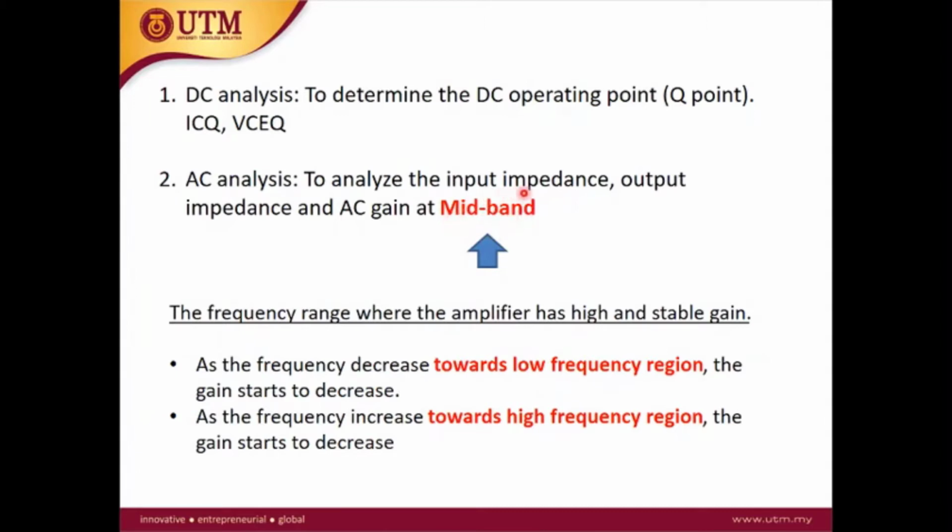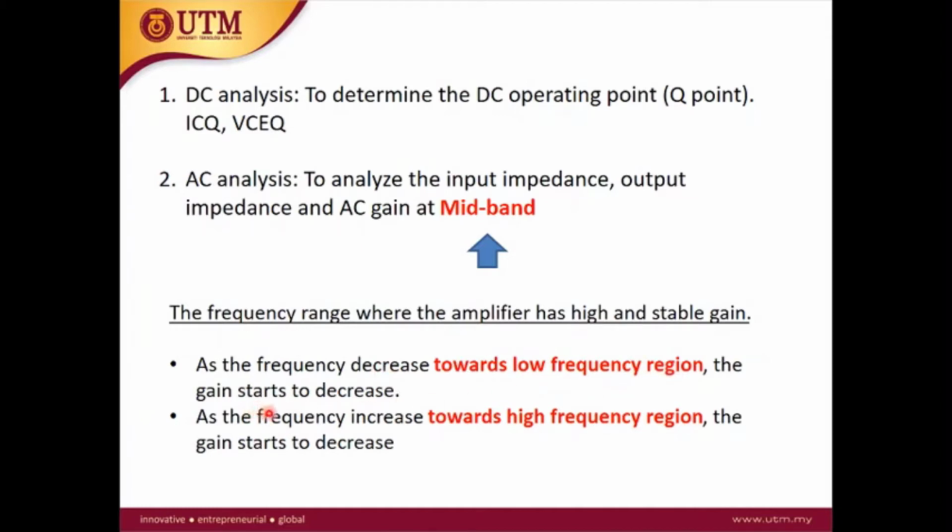The term mid-band refers to a frequency range. The mid-band refers to the frequency range where the amplifier has high and stable gain. In the previous week's analysis, the calculated AC gain is at the frequency range where the amplifier has high and stable gain. However, if the frequency of the signal decreases toward the low frequency region, what will happen to the AC gain?